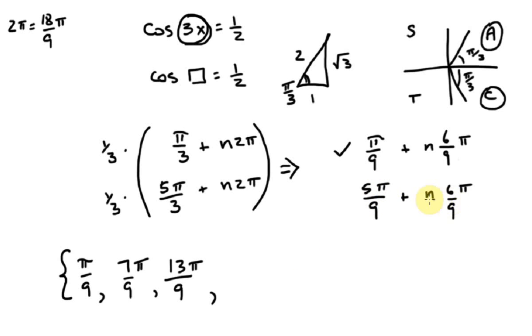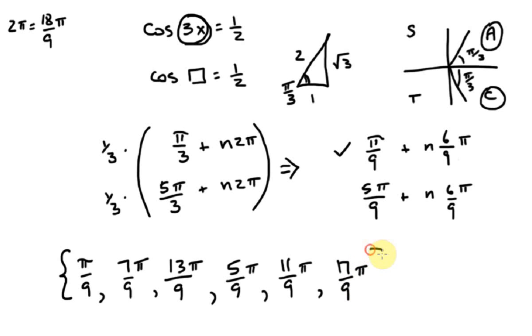Now I've got to list all the solutions that get cranked out of this one. So there is a 5/9 pi, and that's when n is 0. Then when n is 1, I'm going to add a 6/9 to that. So that would be 11/9 pi. And then I could add one more of these 6/9. So I'd have 17/9 pi.